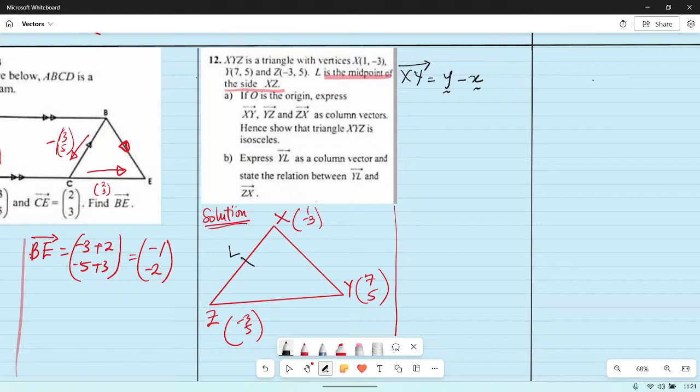So XY becomes what? (7, 5) minus, no, (1, negative 3). We are finding these ones: (6, 8).